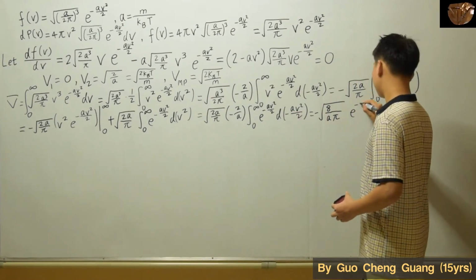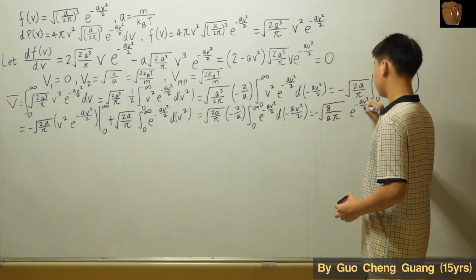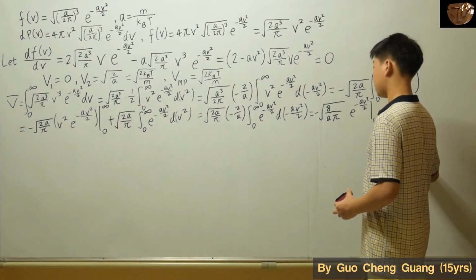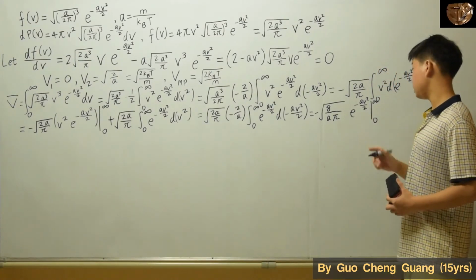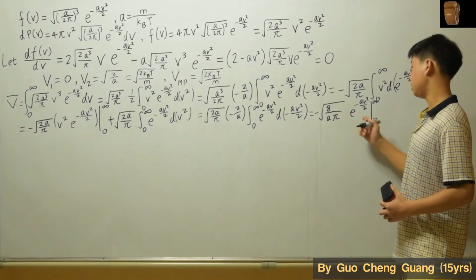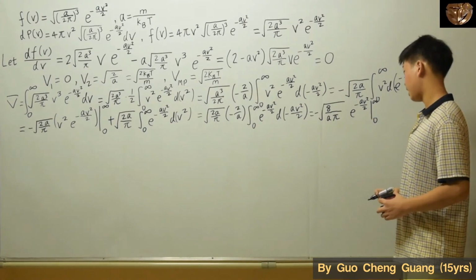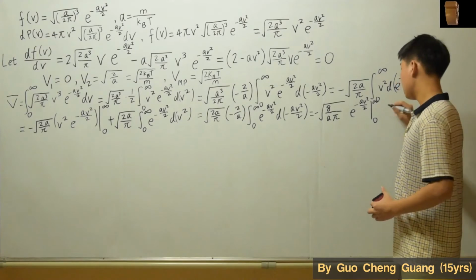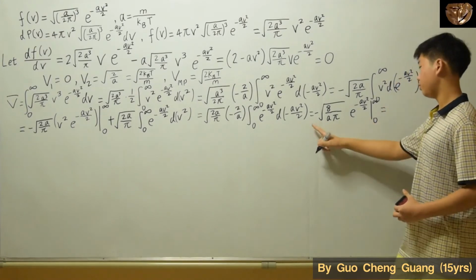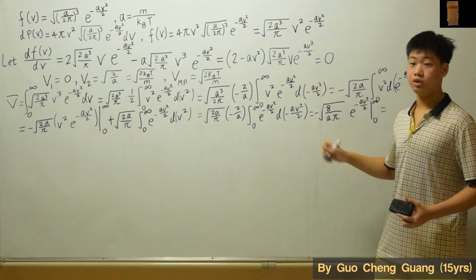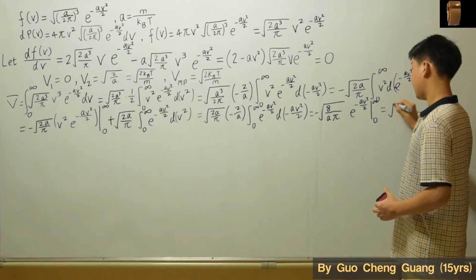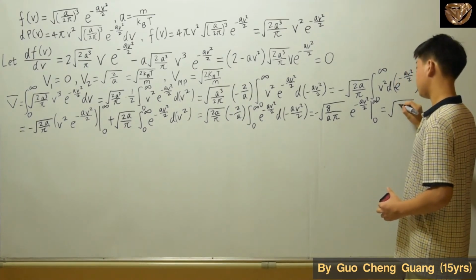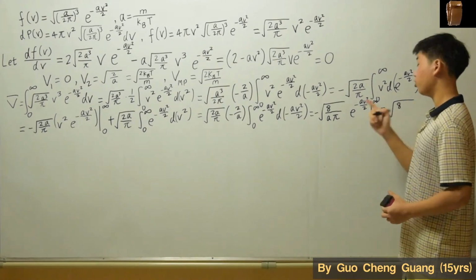So e to the power of negative av square over 2, and here you have to sub 0 and infinity. When you substitute in infinity, you're just going to have a 0. When you sub in 0, you're going to have a 1, which means there will be a negative and negative, which cancel out and become a positive, and you would have square root 8 over a pi.